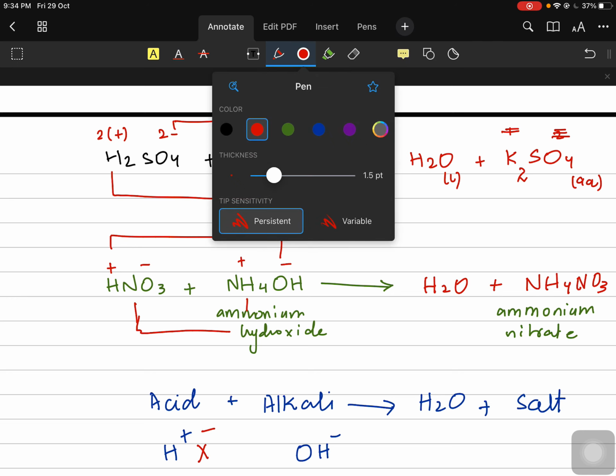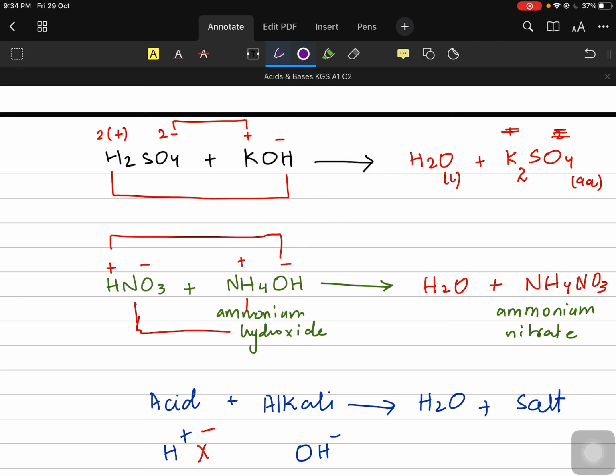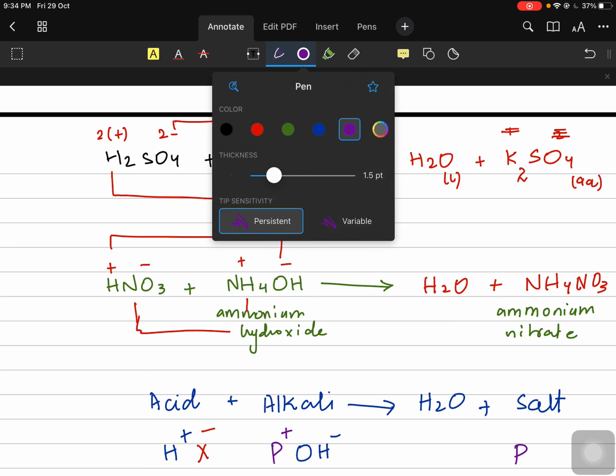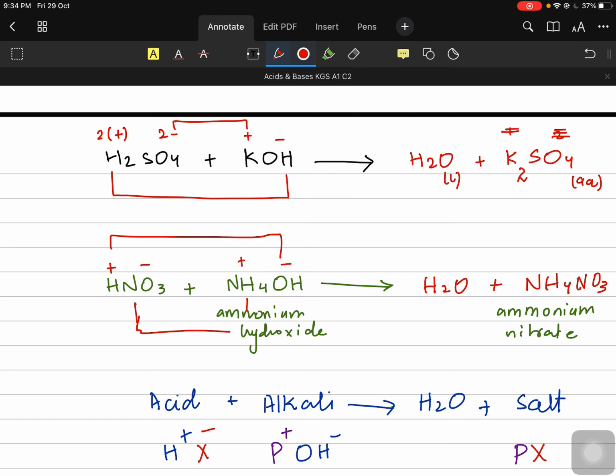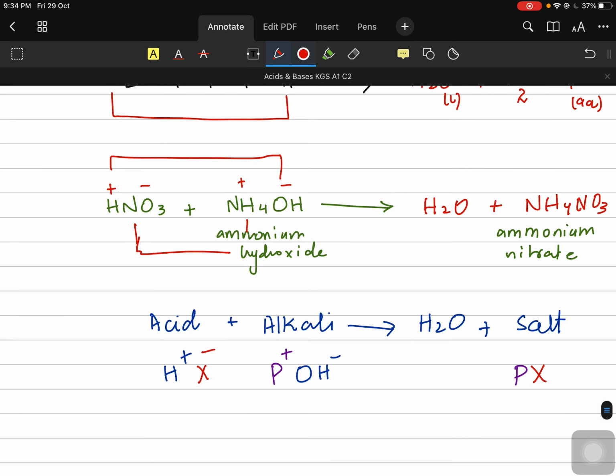Alkali obviously has not only OH but also a positive part, so let's call it the positive part, P+. The H and OH combine to give you the water, while the P and the X will give you the salt. So P is the plus part, X is the minus part, they give you a salt depending on what kind of acid and what kind of alkali you are using.